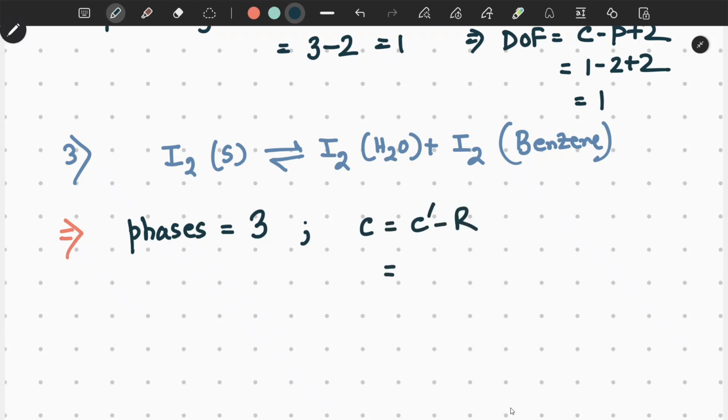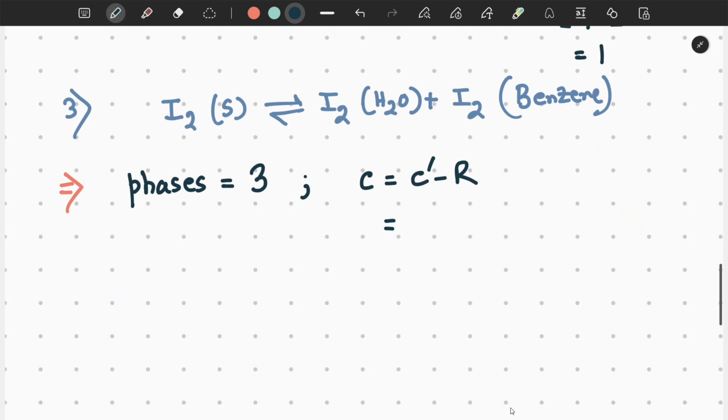Now components. C prime is very clear. What is C prime? 1. How? Only iodine? Why only iodine? Water and benzene are also components, but iodine in water and iodine in benzene are different. Component means it is a chemical thing. But just understand it like this: when you are using iodine in water, the structure of that iodine is not the same as the normal iodine.